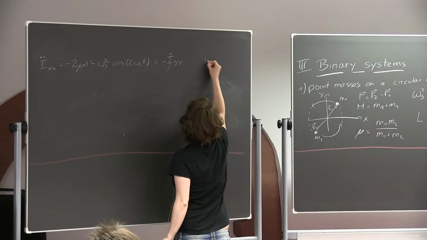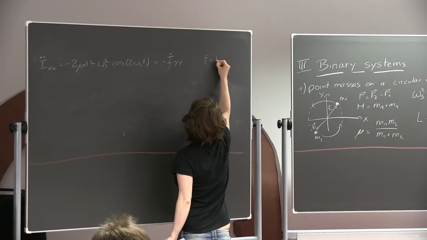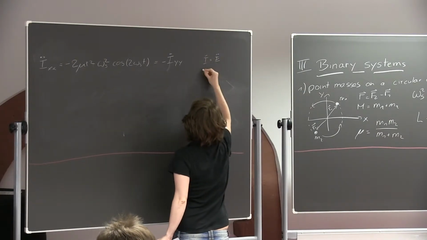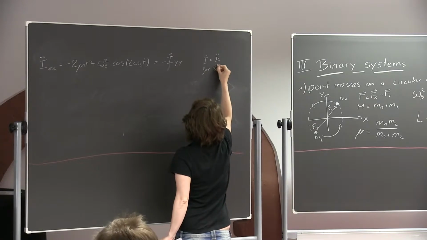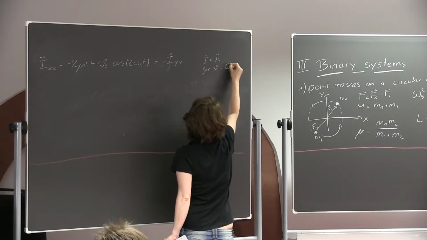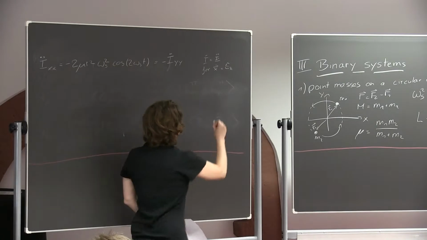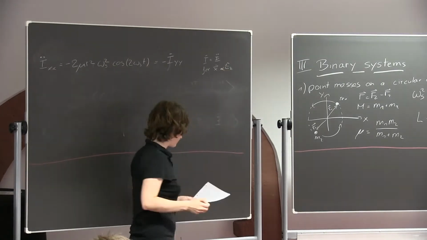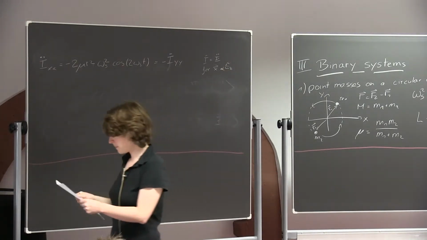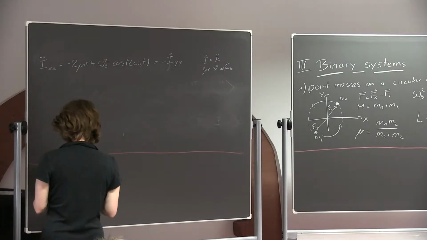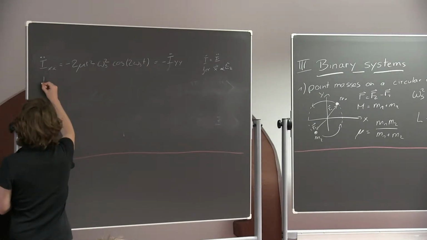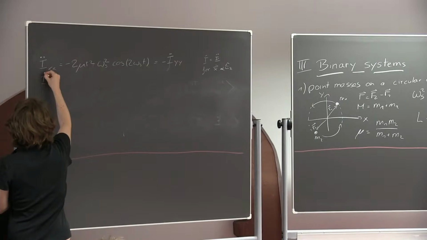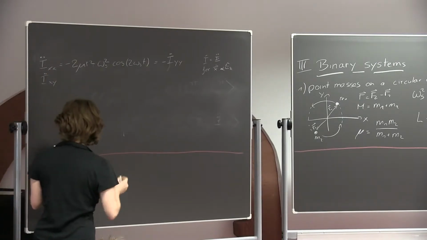So I double prime is I double prime slash if the observer is sitting on the z-axis. And then, for completeness, the xy component.